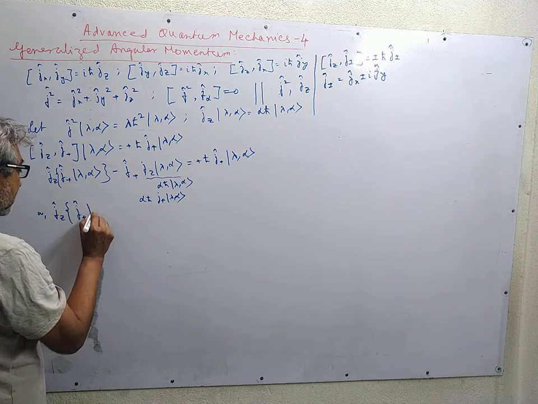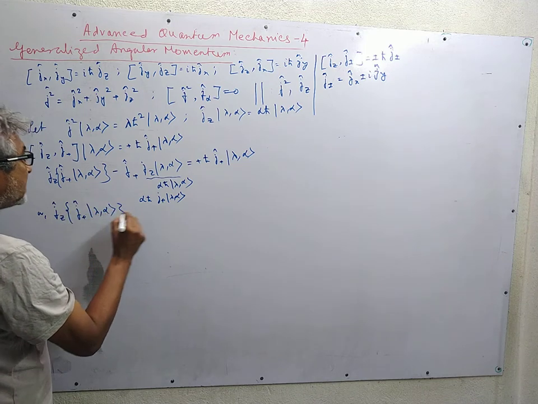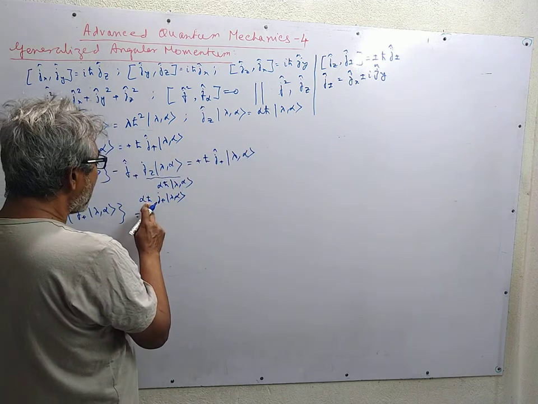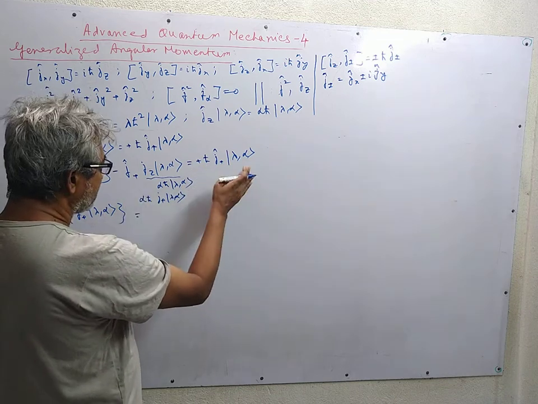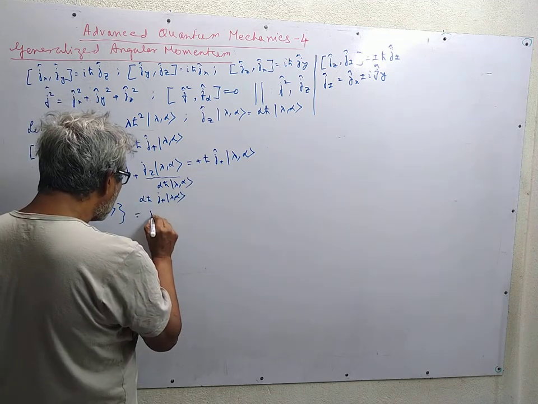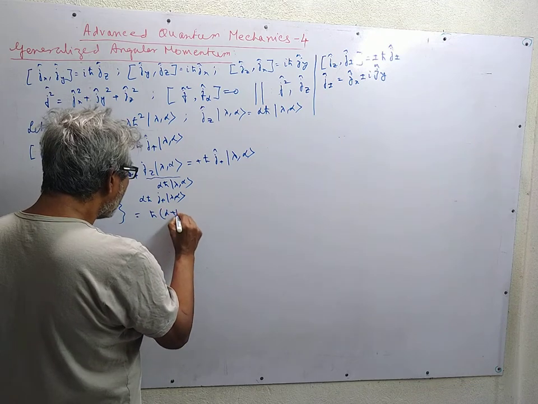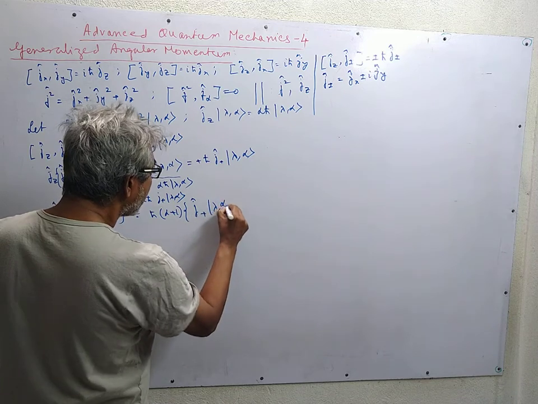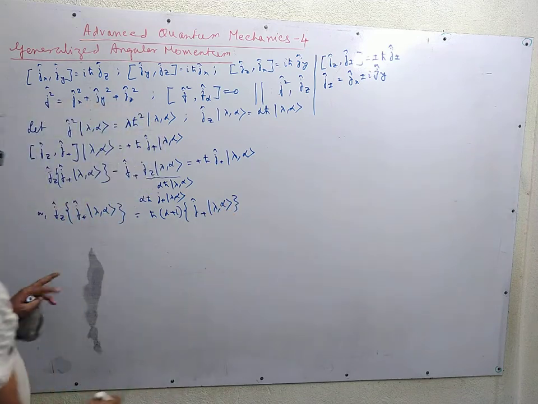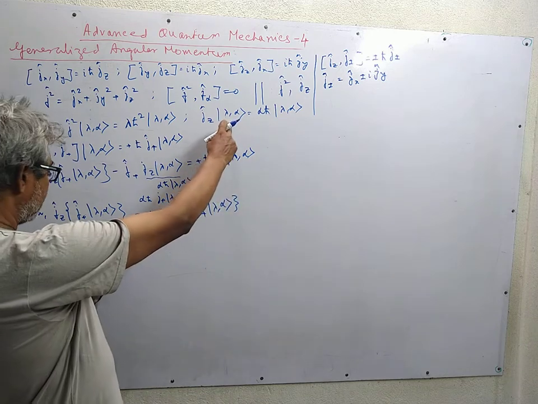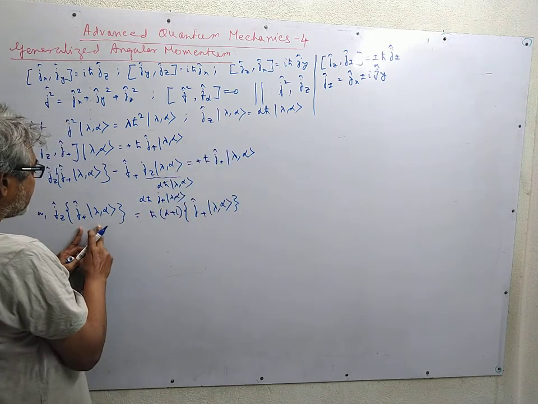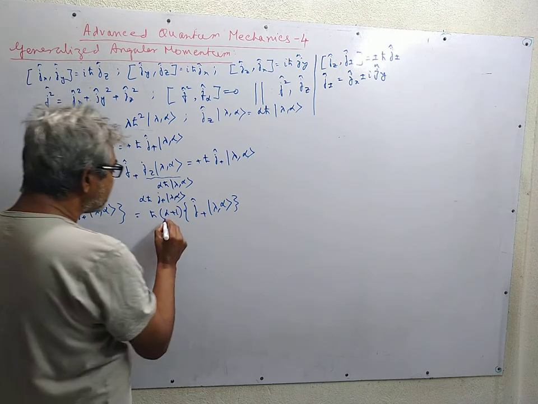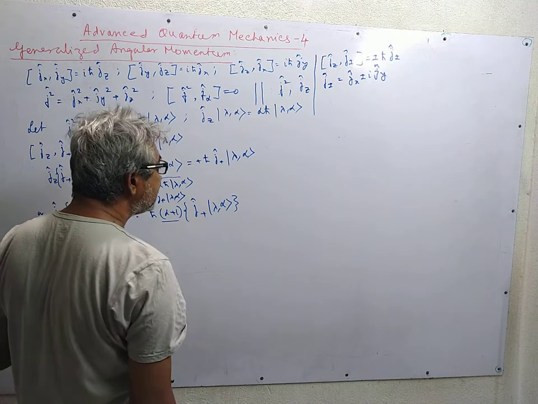We take this quantity to the other side and rewrite this equation as Jz operating on J+|λ α⟩ is equal to ħ(α + 1) J+|λ α⟩. If we compare this equation with the eigenvalue equation, we see that when J+ operates on |λ α⟩, it produces a state whose α value is increased by 1.